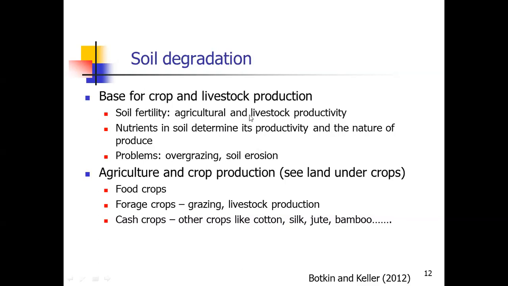So soil fertility will determine agricultural as well as livestock productivity. And agricultural productivity itself is determined by the amount of nutrients available in the soil and the nature of the produce. What are the problems associated with these soils?